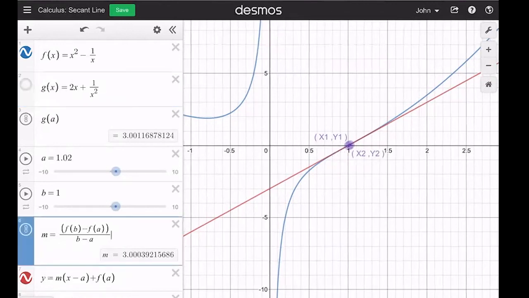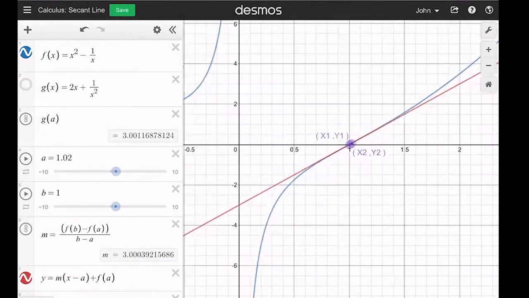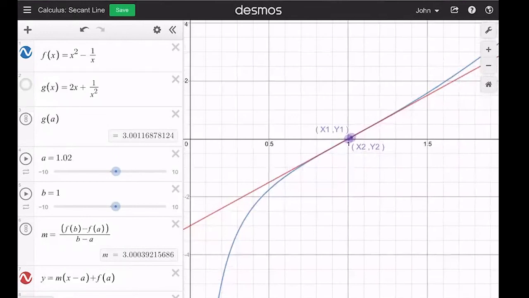And if I plug in these two points that are really close together, I also get really close to 3. So this formula is a magic little formula that is not too hard to figure out once you know a few rules, and it tells you what the slopes are going to get really close to at and nearby, in this case, a equals 1, and the slope will be 3.